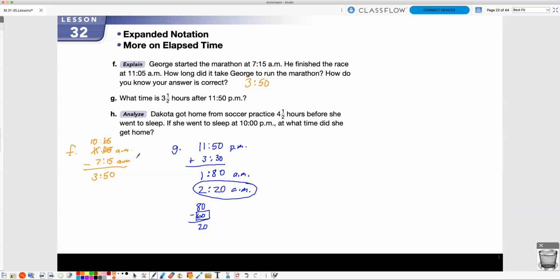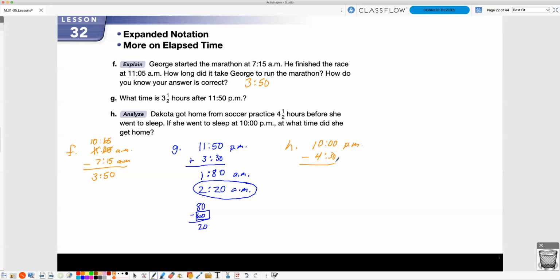Letter H, Dakota got home from soccer practice 4.5 hours before she went to sleep. If she went to sleep at 10 p.m., what time did she get home? Go ahead and attempt that. All right, so 10 p.m., if I'm going to subtract my time from that, that's 4 hours and 30 minutes.